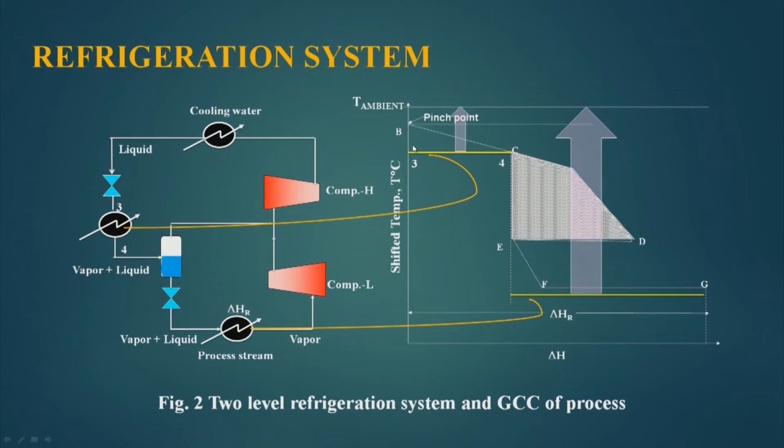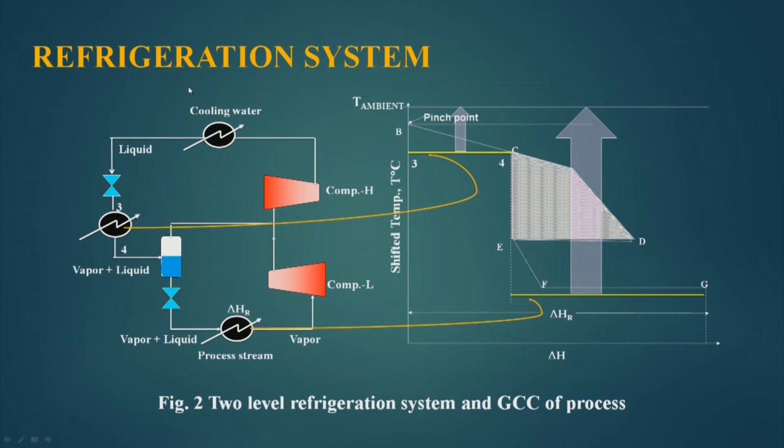Now, the heat which is available here is rejected at this level, and the heat which is available from here to here is rejected into this level. So, obviously, more work will be done for this level and less for this level.